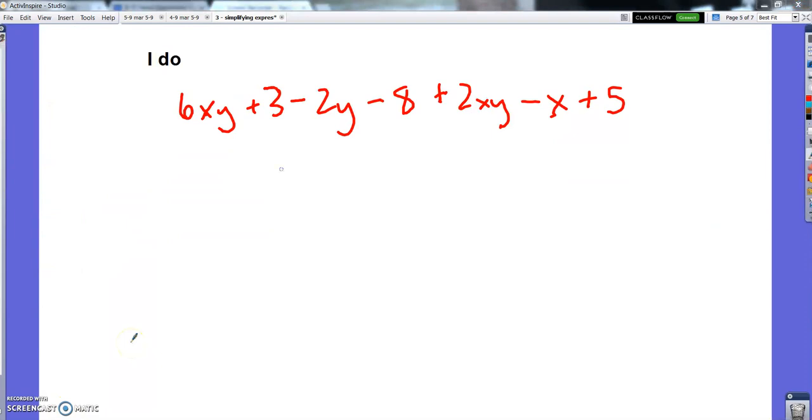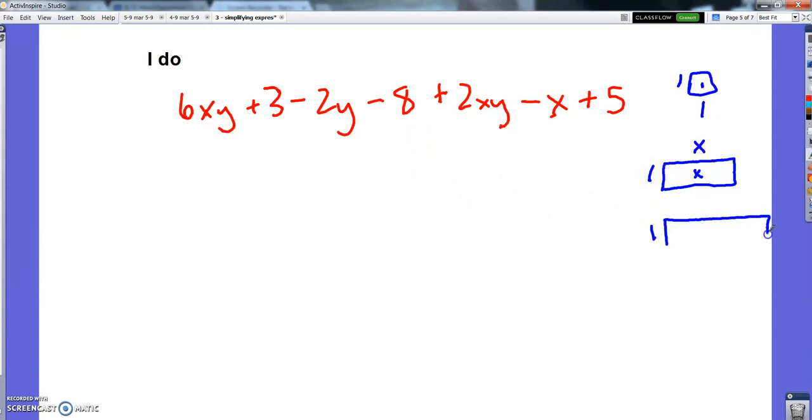So first thing I want you to do here is draw what your different blocks would look like. You're going to have a 1 by 1 block, which is a 1. I've got an x and a y here. So imagine you also have a 1 by some unknown length x. 1 by x is x. You also have a 1 by some other, different than x, unknown length called y. 1 by y is y.